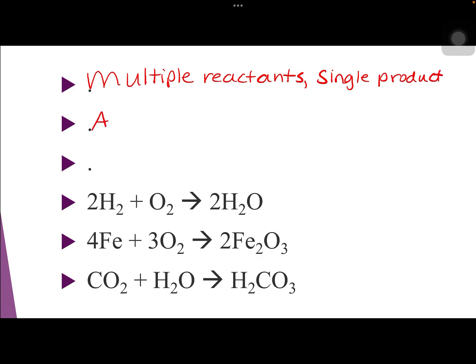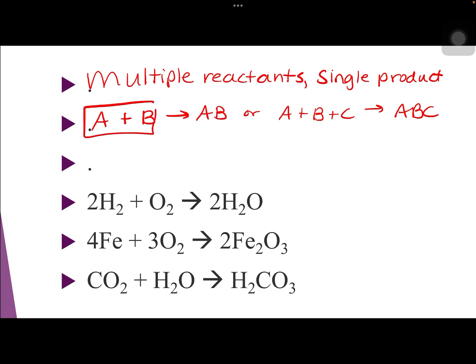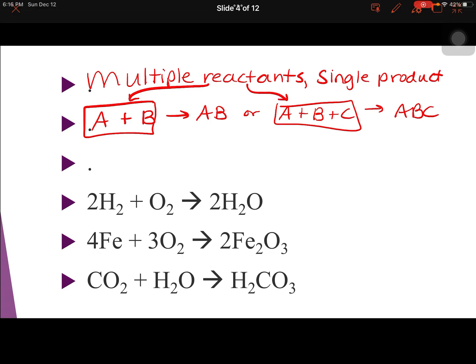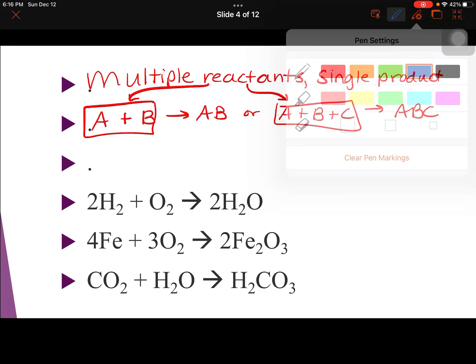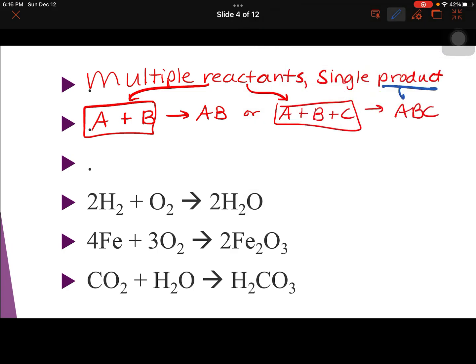So it will take the format of A plus B producing AB, or if you had 3 multiple reactants and a single product. Okay. There's nothing else really to add to that third bullet.